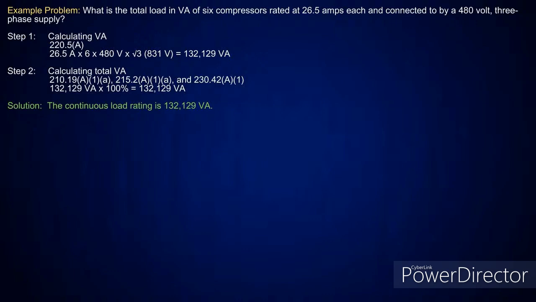Okay, so I've got 6 compressors here rated at 26.5 each, and they're connected to a 408-volt 3-phase supply. So I'm going to get it in VA form. Looking at this, I'm going to do all my motors here at 100%. Why am I going to do that?